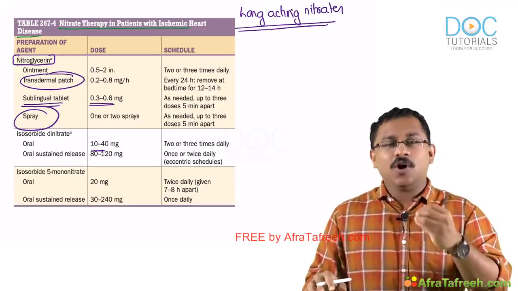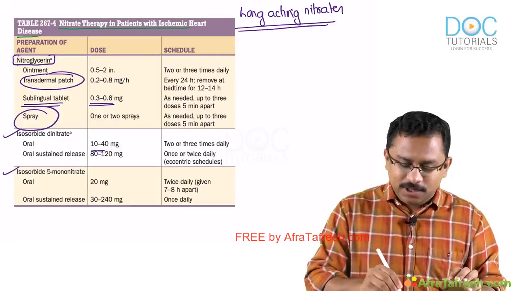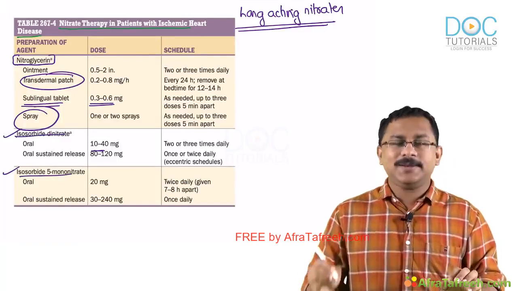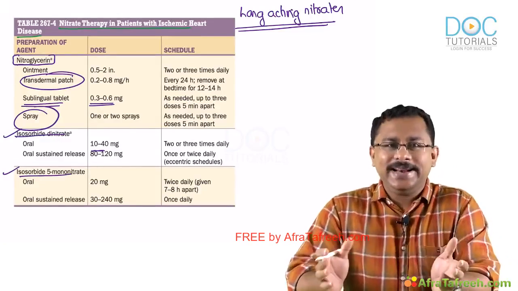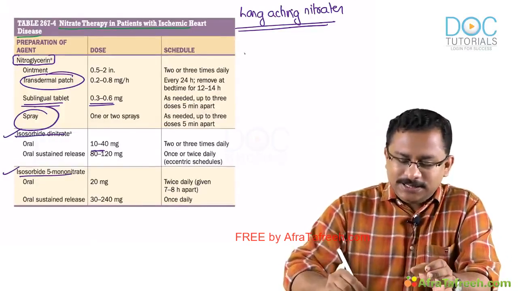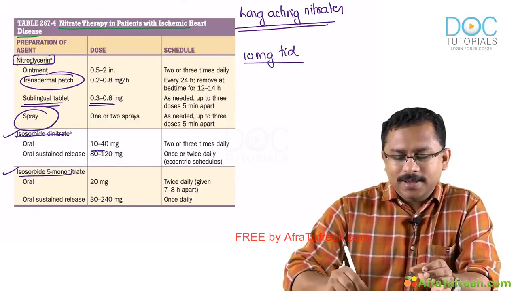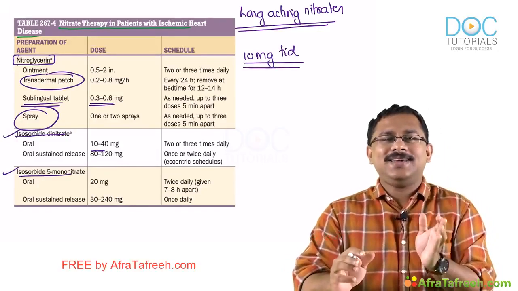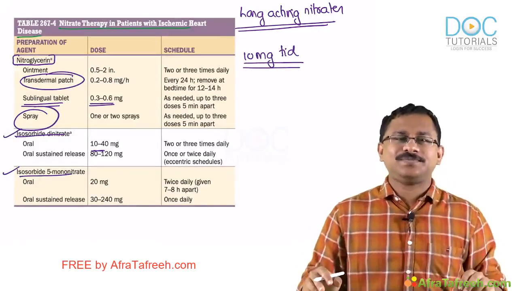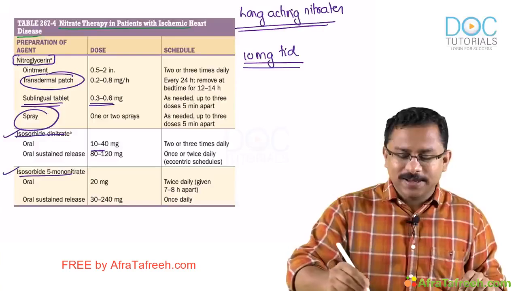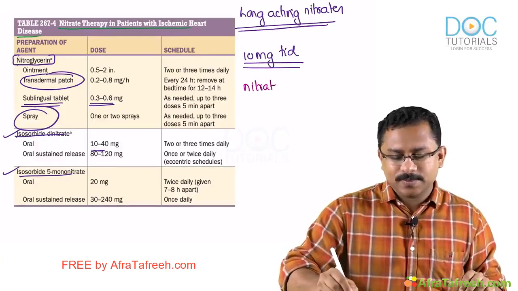When you give long-acting nitrates, you can go for isosorbide dinitrate or isosorbide mononitrate. For example, let's take isosorbide dinitrate. You can give this drug 10 milligram TID. But when you give long-acting nitrates, there is one aspect you should be very careful of, that is preventing the development of nitrate tolerance.